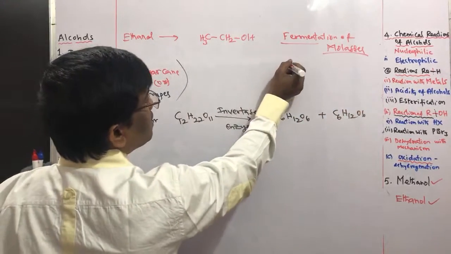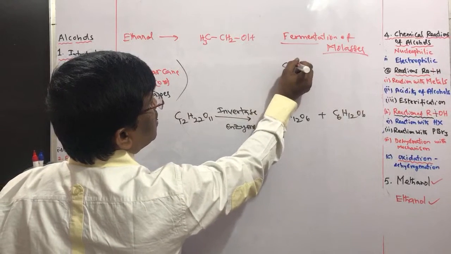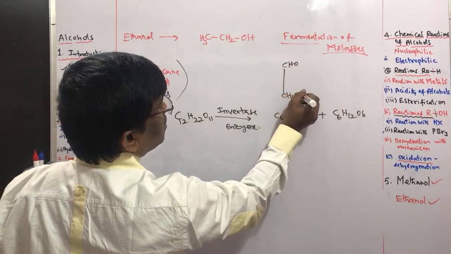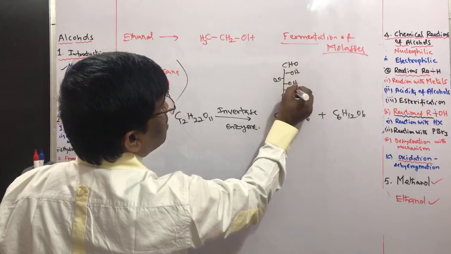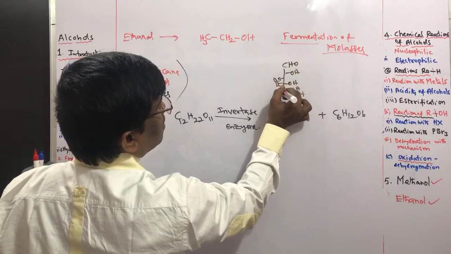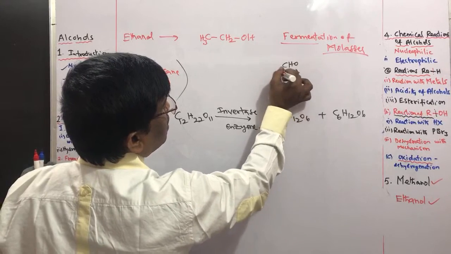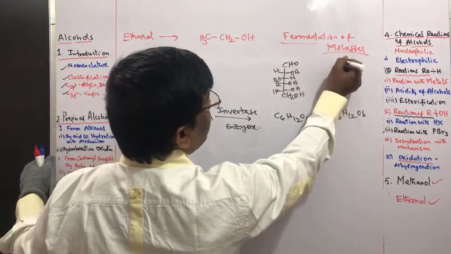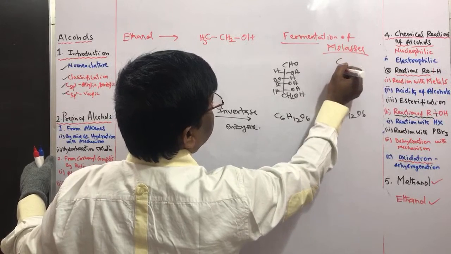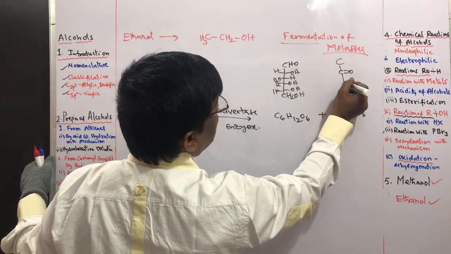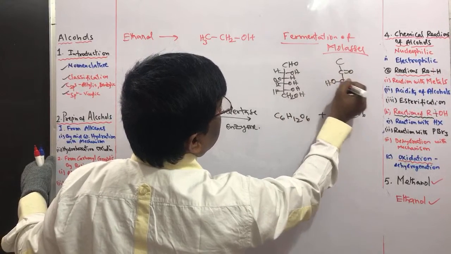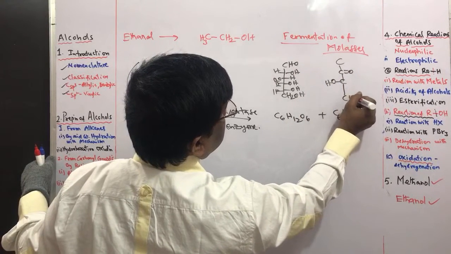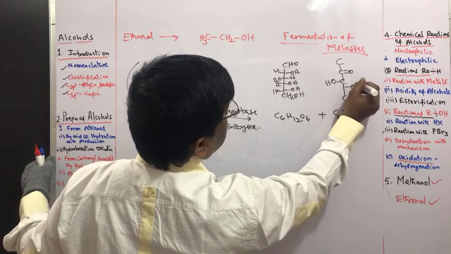So glucose is CHO, CH2OH, with OH groups, and hydrogens. And when it comes to the carbonyl compound, OH, CH2OH, OH.